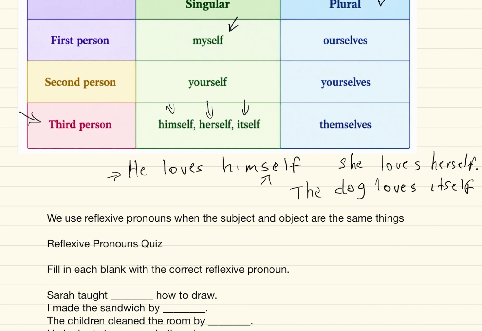So anytime you're reflecting or talking about yourself, or something is talking about itself, then you want to use reflexive pronouns. And then, of course, if we're talking about a group in third person, you could say, they enjoyed themselves.